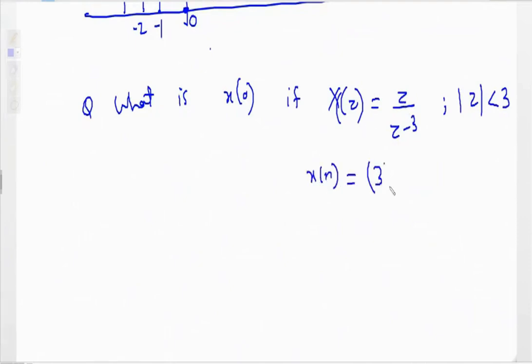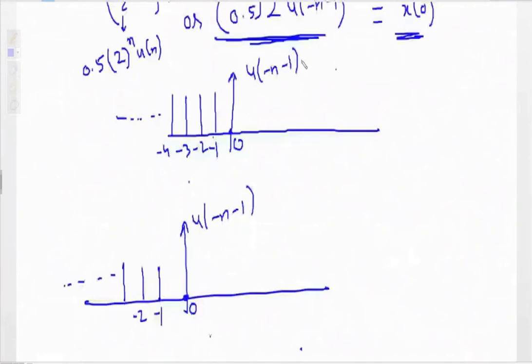It is minus 3 raised to n u of minus n minus 1, because the ROC is less than. Whenever the ROC is less than, then u of minus n minus 1 will come, and here there should be a minus sign. And previously also the minus sign must be there.